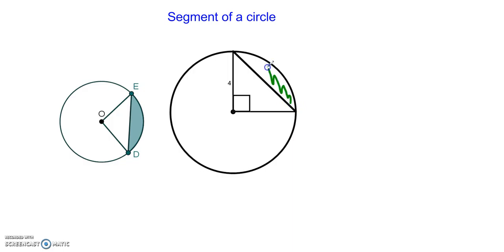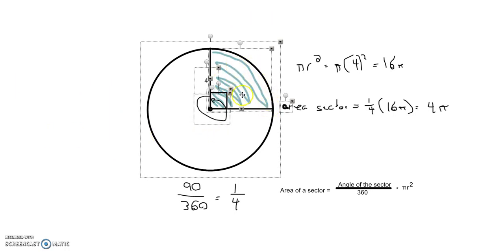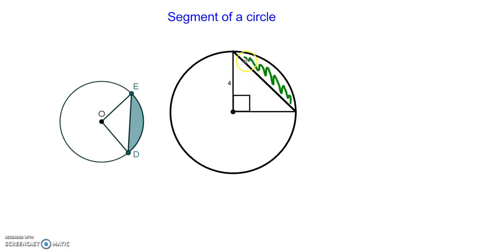Just this area right here. I join these 2 points where we first just had a sector. Back here we found the area for this whole area, but now we want just this back area, this segment. So how do we find that?